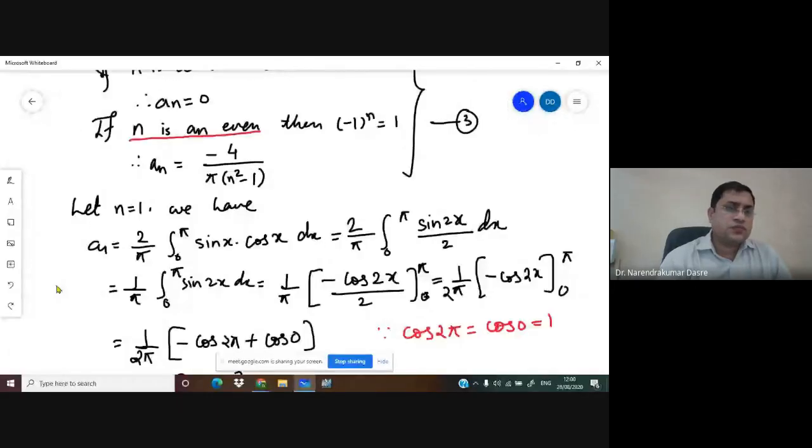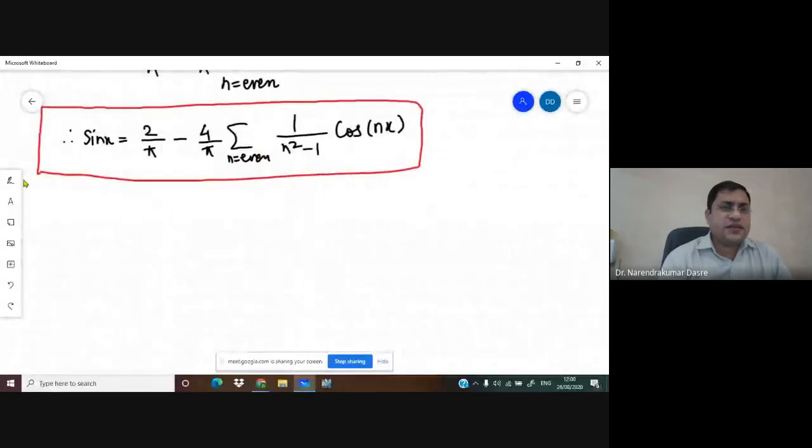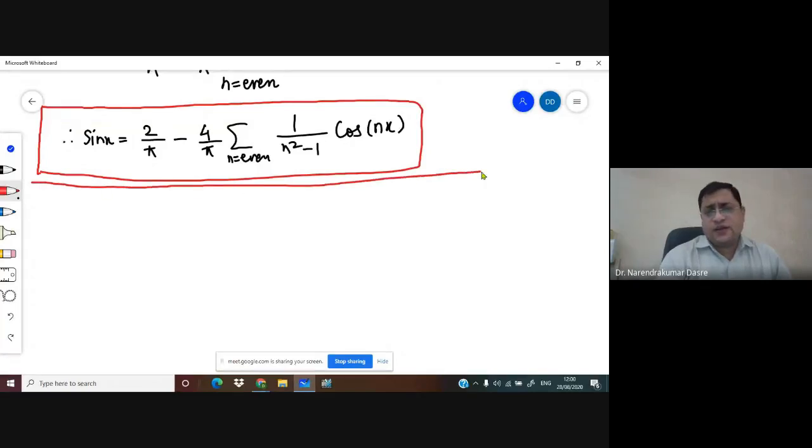In the previous example, we calculated the cosine series. Let's have the sine series. So we'll go with the example.